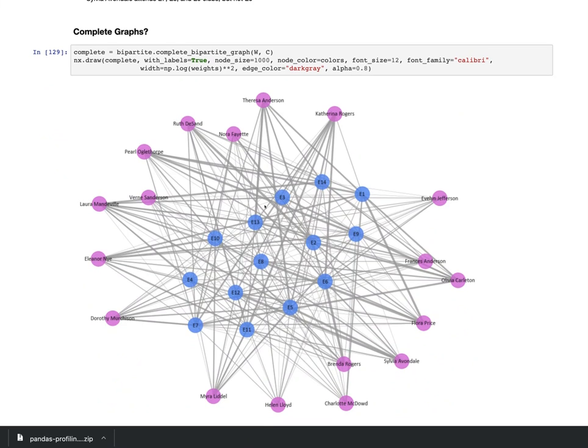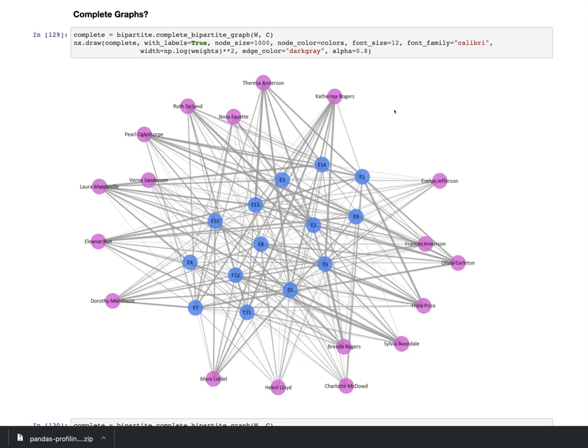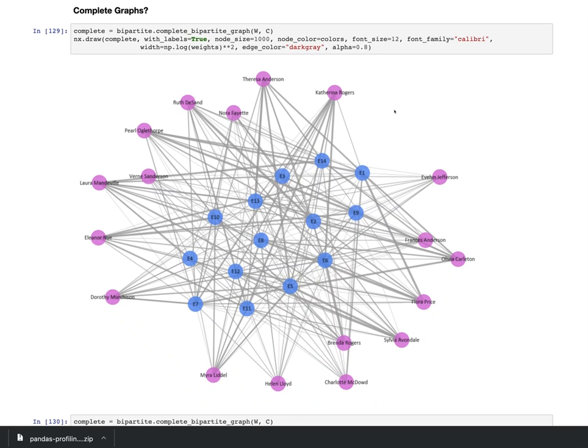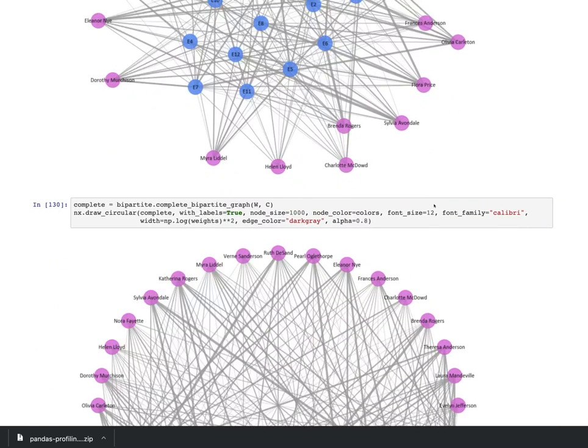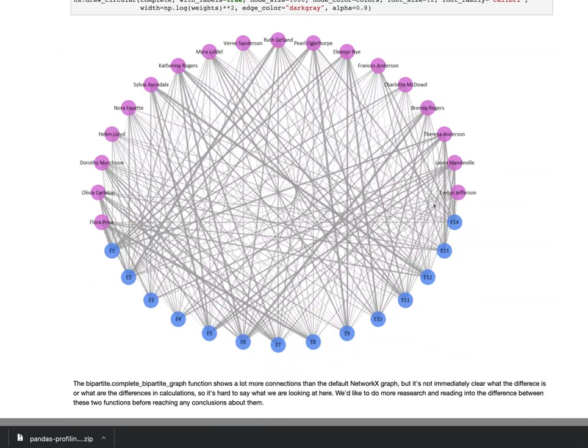So then I found this complete bipartite graph function in NetworkX, so I tried that. And in this graph, the layout is a little bit nicer in that you have all the clubs in the middle with the women around, but it looks like every woman is connected to every club, and I'm not really quite sure what's going on with this one, what the difference is, how the math is different, and how it calculates the edges.